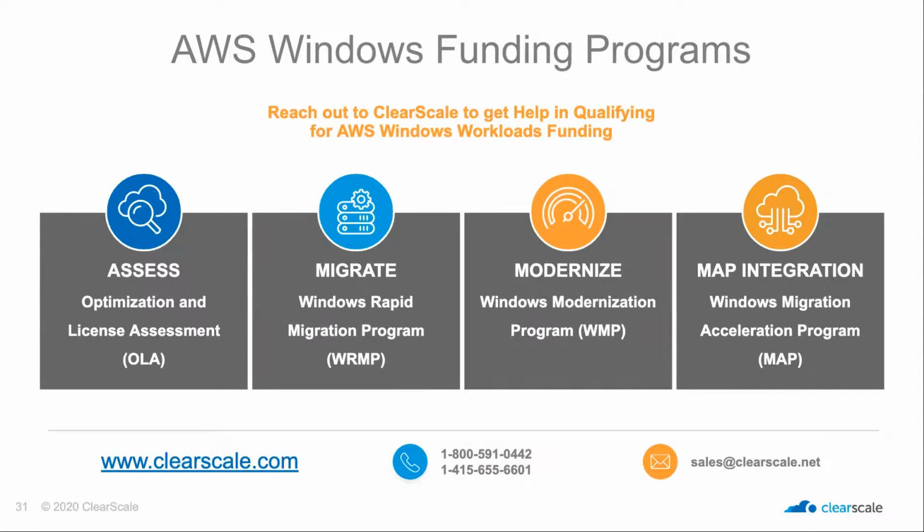This is where if you have a very large migration, we can assess your migration and line up everything that you need for any stakeholders or execs, down to what machines actually need to be migrated, and make sure you're ready to migrate. These are things that Amazon provides funding for the customer to lower the cost of the project, to ensure the success, which is also why we follow these.